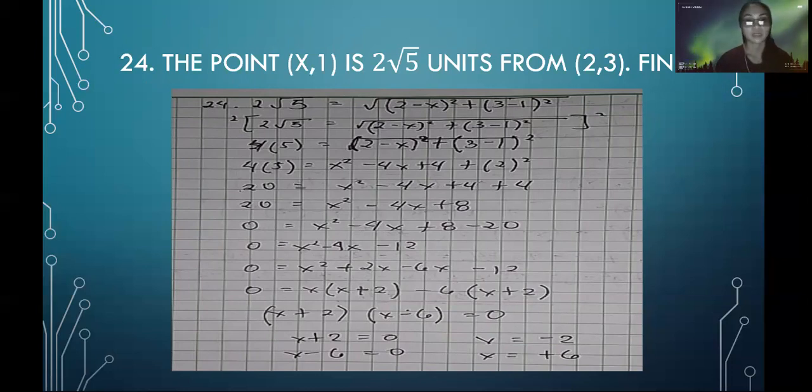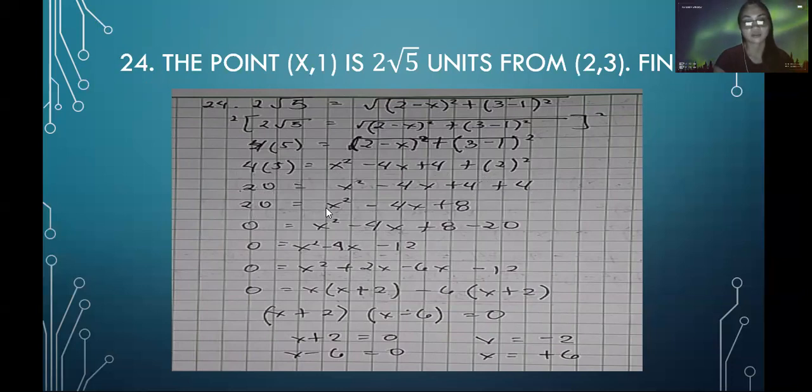So it will become 4 times 5 equals the quantity (2 minus x) squared plus (3 minus 1) squared. So 4 times 5 equals x squared minus 4x plus 4 plus 3 minus 1, which is 2 squared. So 4 times 5 is 20, equals x squared minus 4x plus 4, then 2 squared is equal to 4.